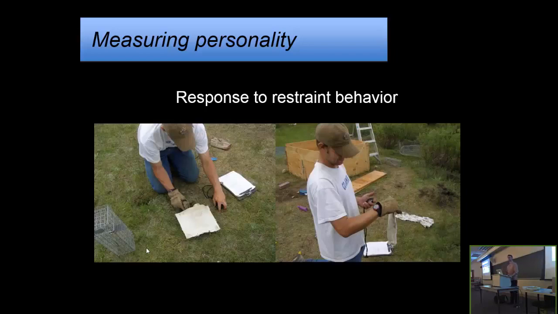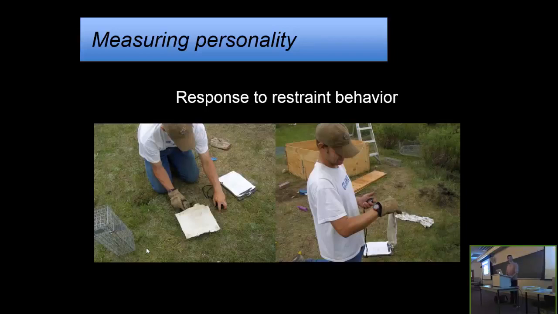This has been interpreted as docility before. As you can see, put a squirrel into a small confined bag, raise that up, and measure the amount of time over a minute that the squirrel is struggling against that restraint. This is actually similar to some tests in lab rats that has been interpreted as a measure of depression before, but in this scenario, interpreted as docility.